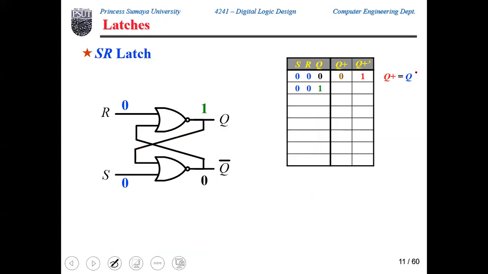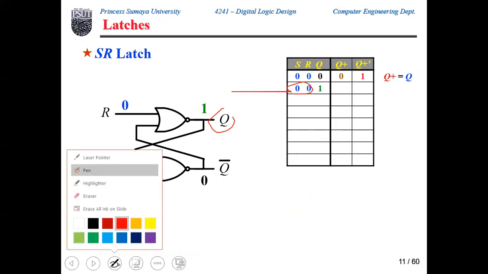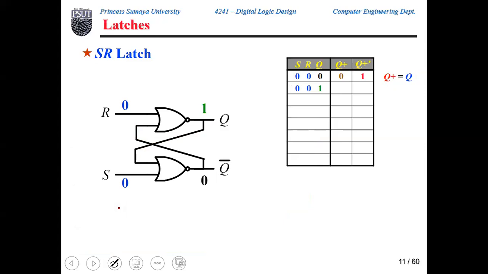Now what if we assume that the initial value of Q is 1 and we set the inputs to 0, 0? What is the new value? How will this affect Q? We can analyze it in the same way. Here we have 0 and 1 going into this gate.